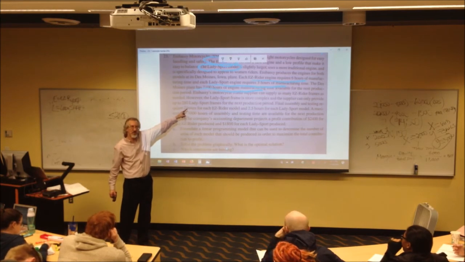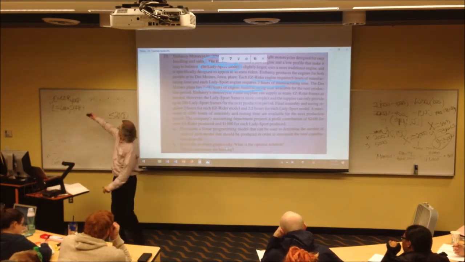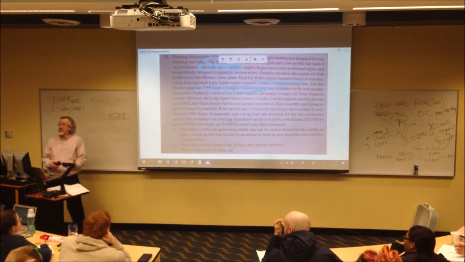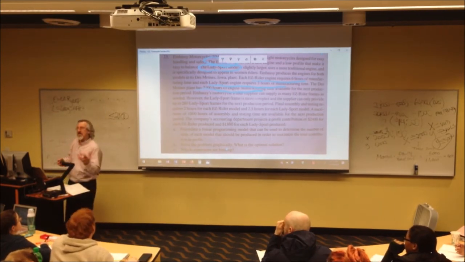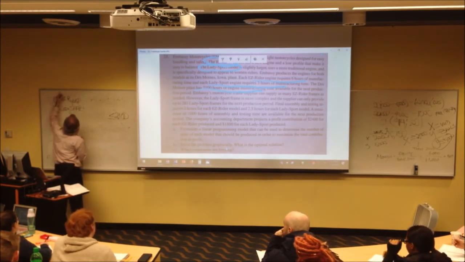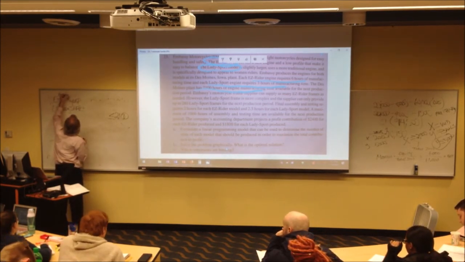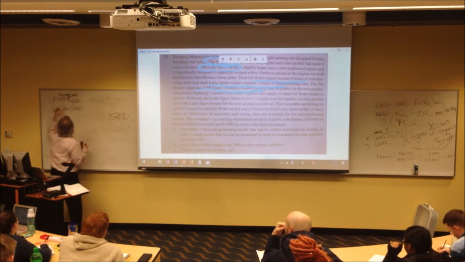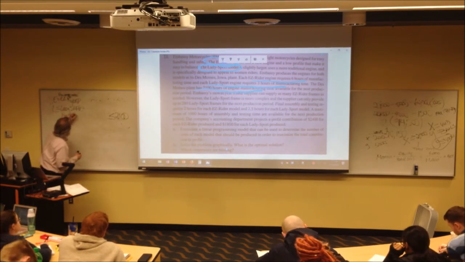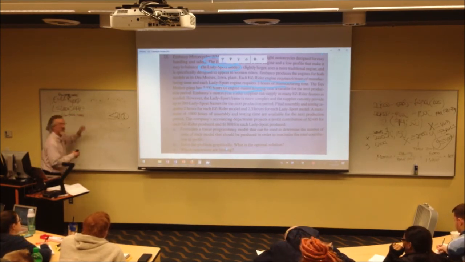2100 hours to build the engine. Easy Rider is a variable E. This E represents how many we're going to make. And Lady Sport is how many we're going to make. You with me?